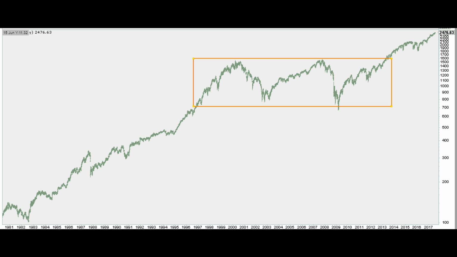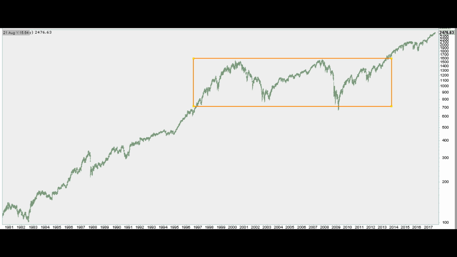Case in point, here's the S&P 500 going back to 1980, and we can see that price has moved from lower left to upper right over that period of time. We just finished a week, a month, and you can see there's barely any movement in price that's noticeable when we're looking at the big picture.